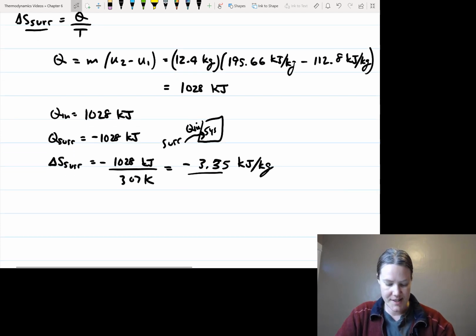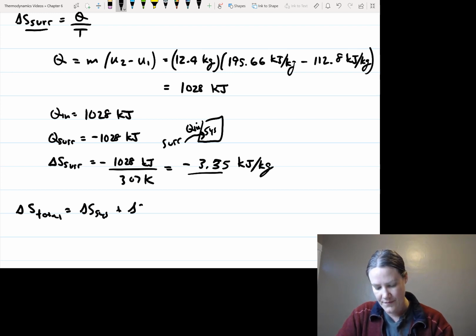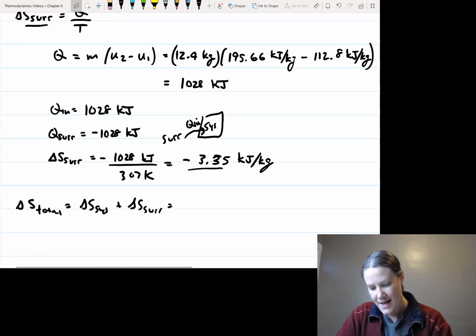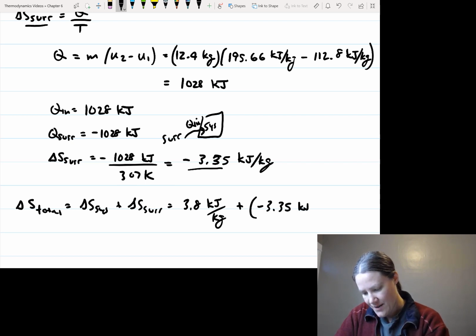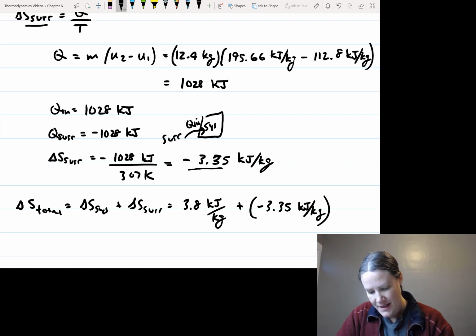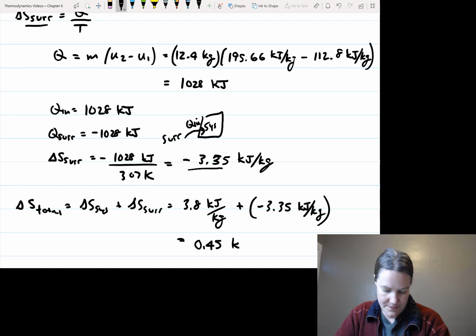So now what we're going to do is calculate the total entropy. This is just equal to the system plus the surroundings, which is equal to 3.8 kilojoules per Kelvin, plus negative 3.35 kilojoules per Kelvin. So this works out to 0.45 kilojoules per Kelvin.